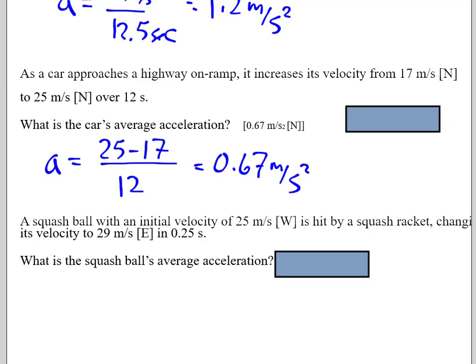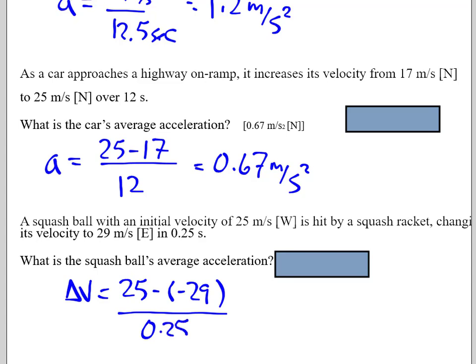And then lastly, a squash ball with an initial velocity of 25 meters per second west is hit by a squash racket, changing its velocity to 29 meters per second to the east. This is a tricky question because the change in velocity is not 4. Because they're going in opposite directions, the change in velocity is actually 25 minus negative 29, if you want to think of it that way. And all of that's going to happen in 0.25 of a second.